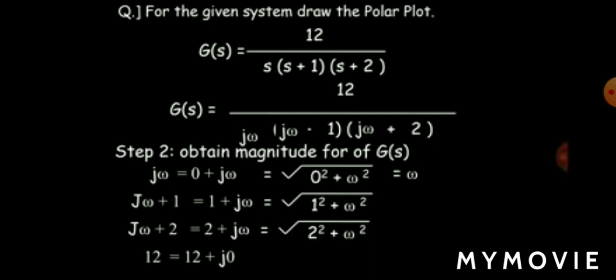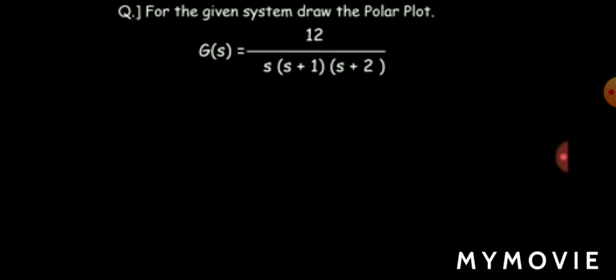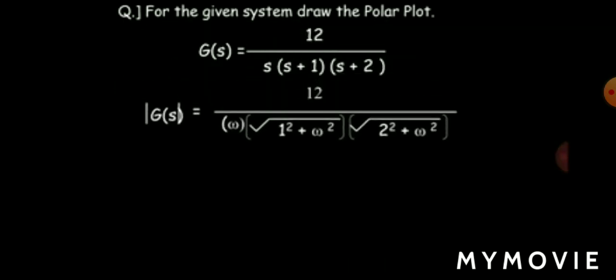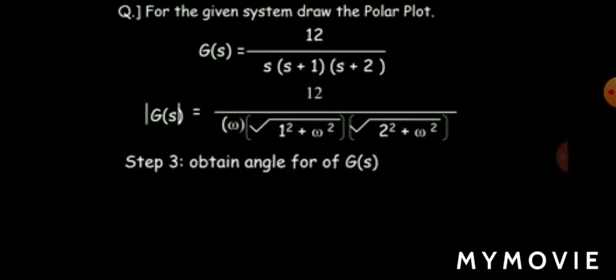The numerator 12, as I told, 12 plus j0, equals the root of 12 square plus 0 square, which becomes 12. So we are finding the magnitude for each term. The magnitude of G(s) is 12 divided by omega times the root of 1 square plus omega square times the root of 2 square plus omega square.